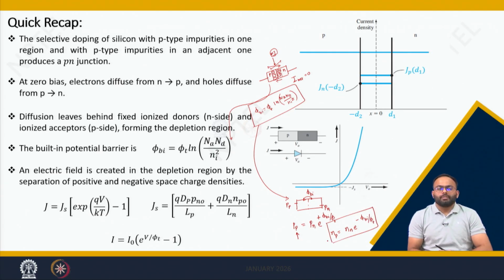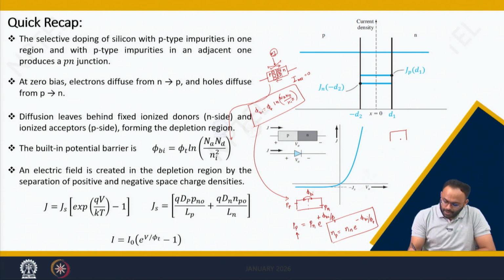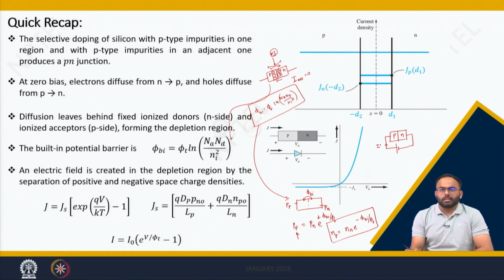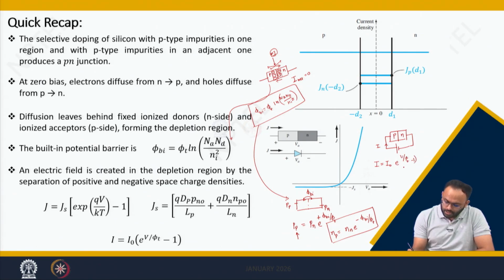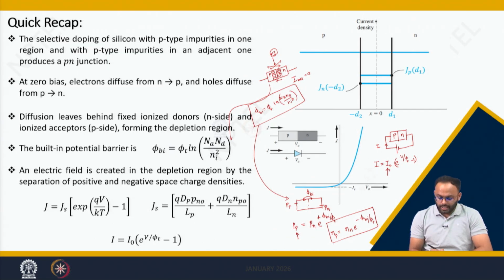phi t. We have also seen the forward bias case, where we said that if we apply a voltage in the PN junction in such a way that the P region is connected to the positive side and the N region is connected to the negative side, then there will be a current flowing in the PN junction, which is the diode current, given by I equals I naught times e to the power of V by phi t minus 1, where I naught is the reverse saturation current, which we will see in this lecture as well, which flows when you are in reverse bias.